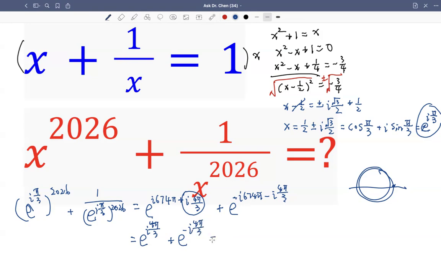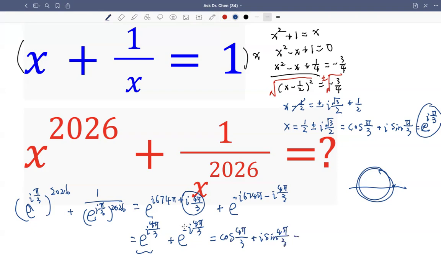Well, what is this? We can write it back, right? So the first one is cosine 4 pi over 3 plus i sine 4 pi over 3. Then this is a negative, right? For sine, let me write it out. So we get cosine 4 pi over 3 and plus i sine 4 pi over 3.